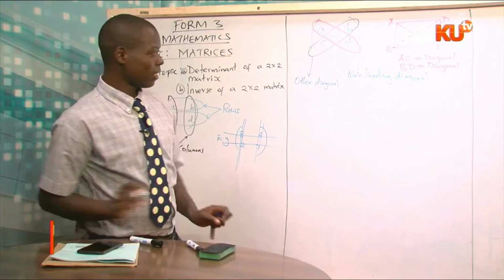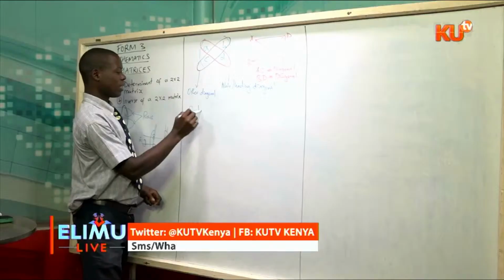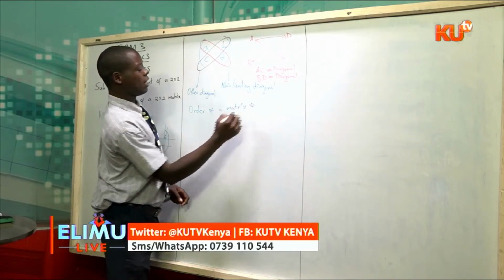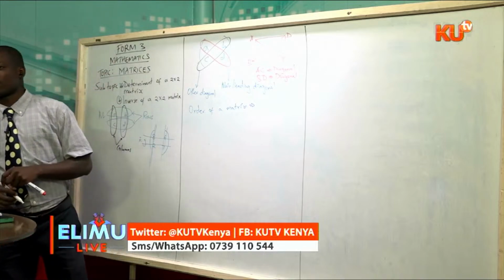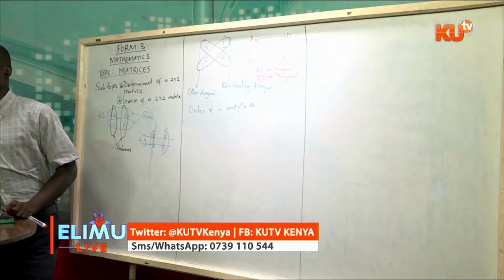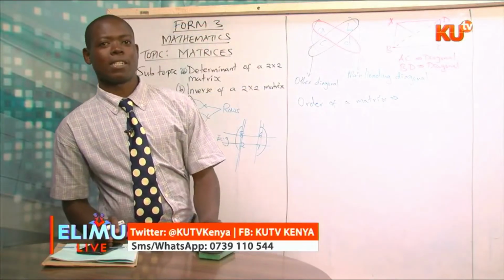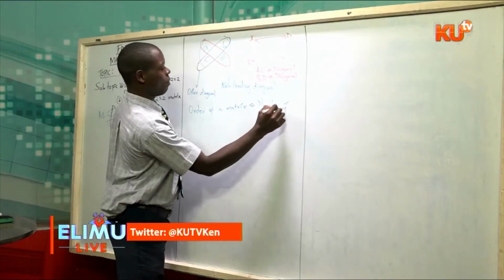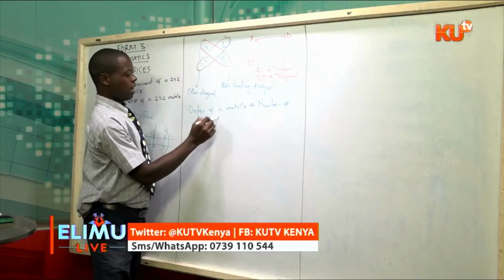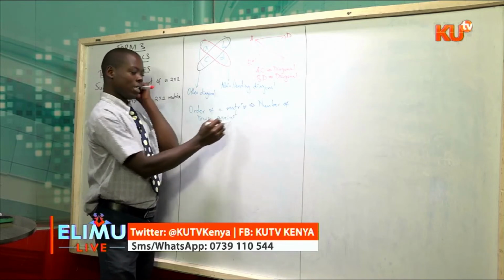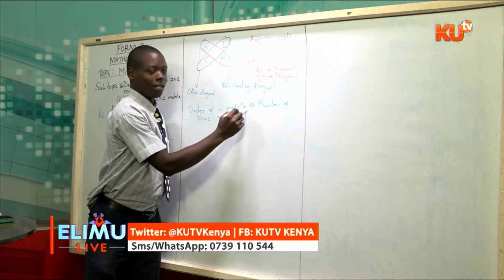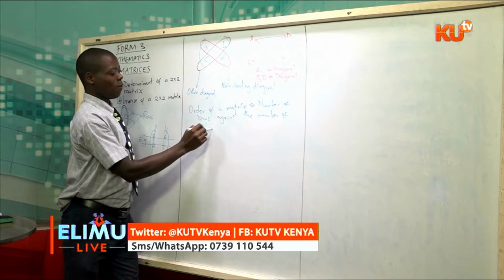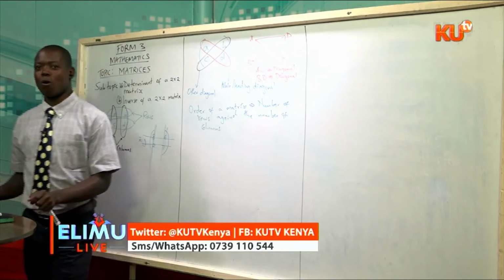For the order of a matrix, we are simply looking at the number of rows against the number of columns.